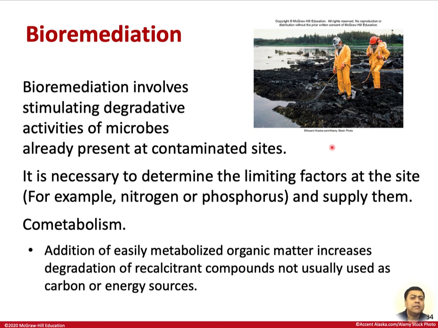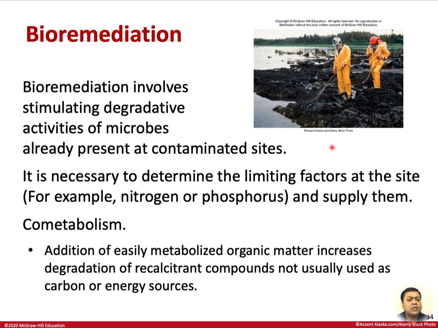What you are seeing in this picture is due to an oil spill in 1989, when a ship owned by Exxon, an oil tanker, the Exxon Valdez, ran aground in Prince William Sound in Alaska. It spilled more than 10 million gallons of oil, which affected about 1,300 miles of shoreline and heavily affected about 200 miles of shoreline.